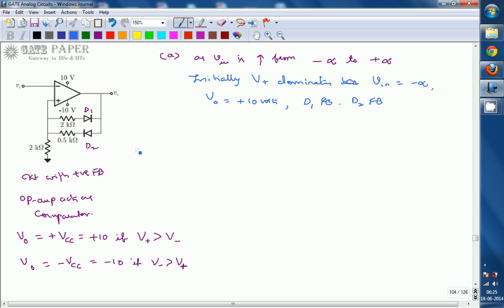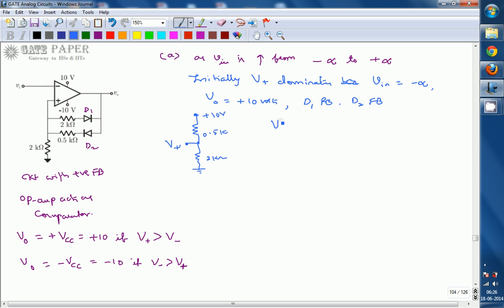Whenever D2 is forward biased, V0 is connected through D2, that is, through 0.5 kilo ohms and 2 kilo ohms to ground. This is where we get V plus. Plus 10 volts makes D2 forward biased, so it acts as a short circuit, and it is connected with 0.5 kilo ohms and 2 kilo ohms in series.